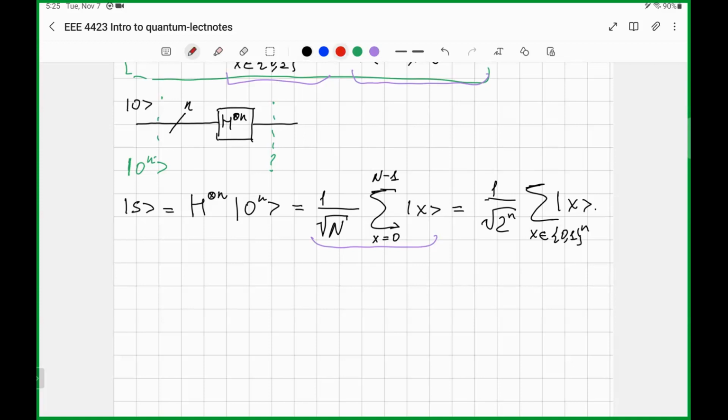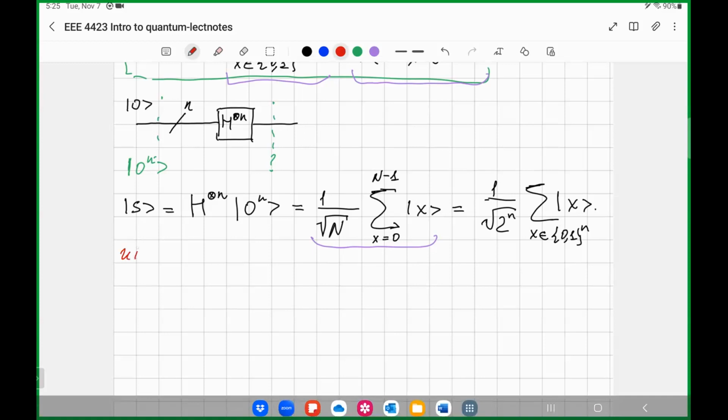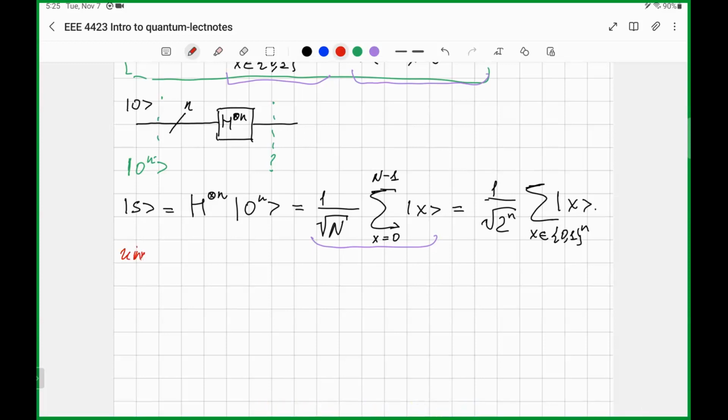Let us denote this uniform superposition of all computational basis states by this vector S.